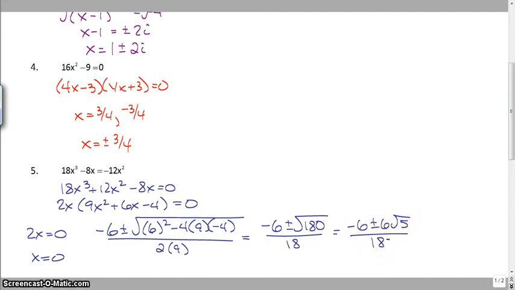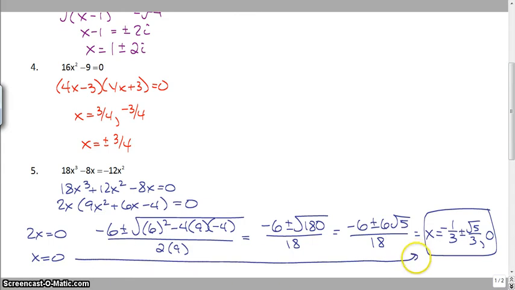You can reduce the 6's and the 18, so you're going to want to split it up, and that's going to be x is equal to negative 1/3 plus or minus root 5 over 3, comma, 0, because you cannot forget your 0 from earlier. Okay, he's still part of the solution.